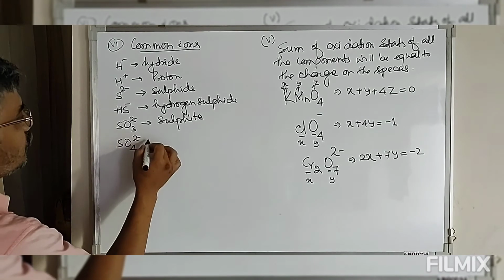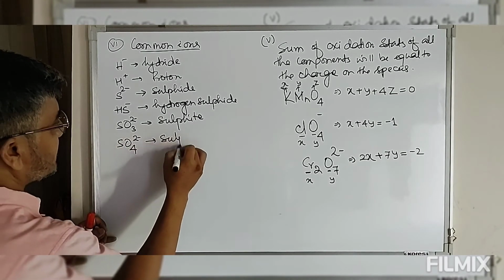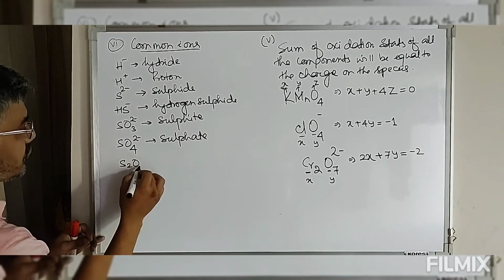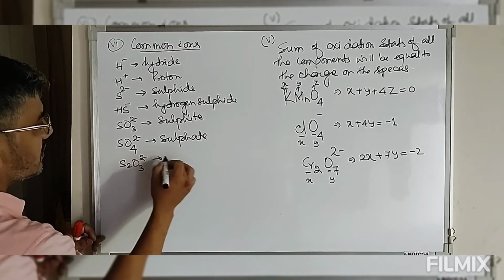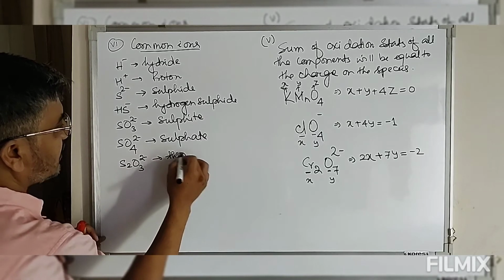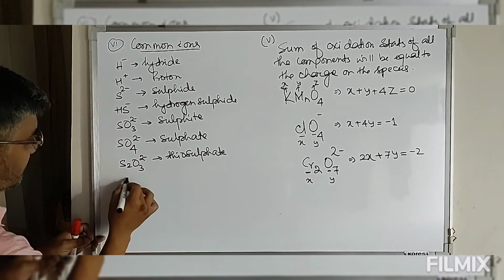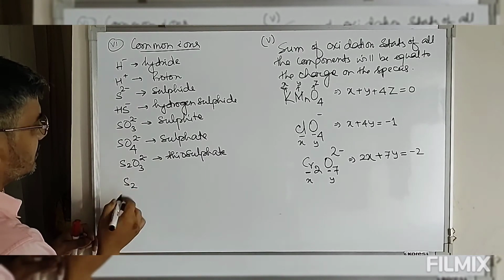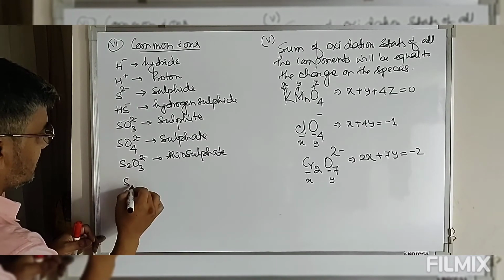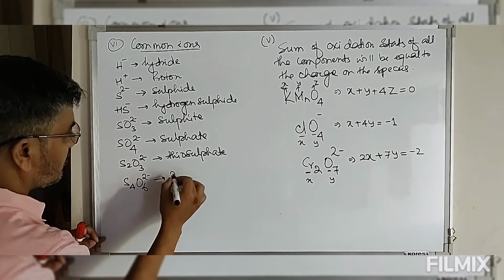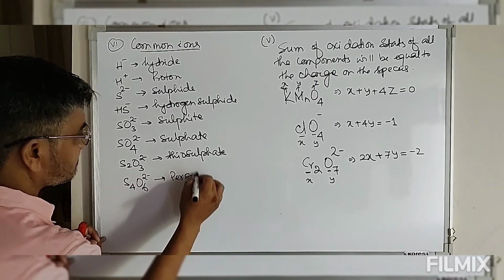SO4 2 minus, sulfate ion. S2O3 2 minus, thiosulfate ion. S2O8 2 minus, persulfate ion.